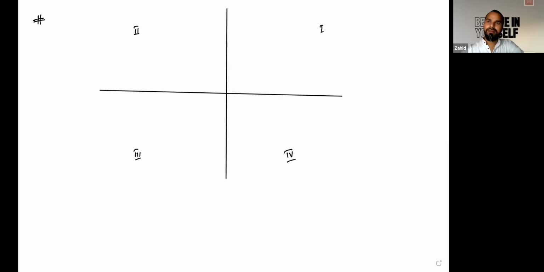If there is a triangle in this particular first quadrant, it will have theta at this point.